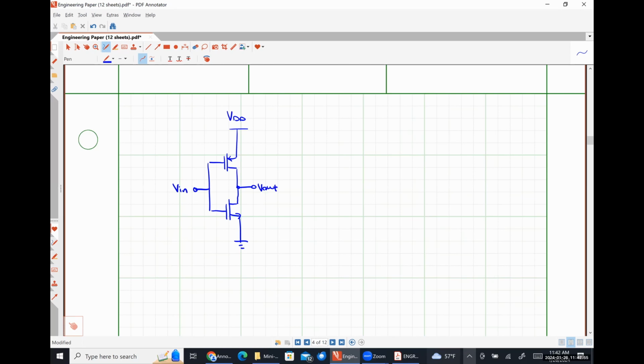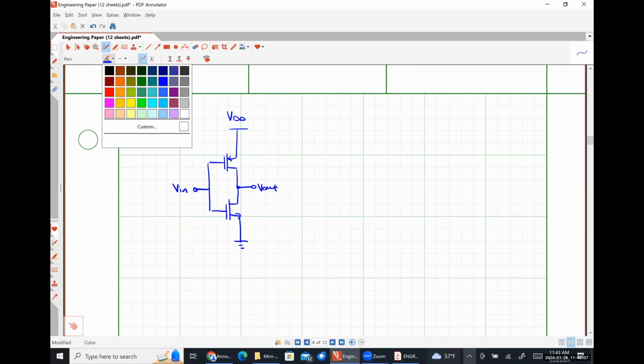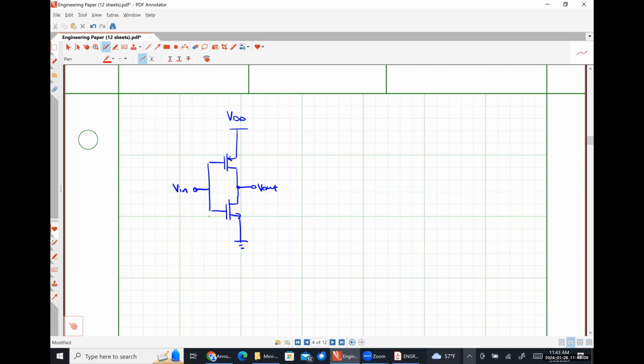So that's our basic inverter, right? So let's label some voltages here. Let's call this transistor M1. So this will be VGS1.